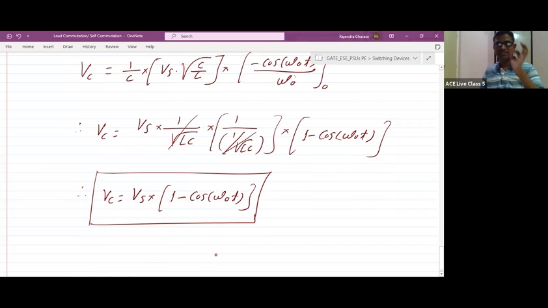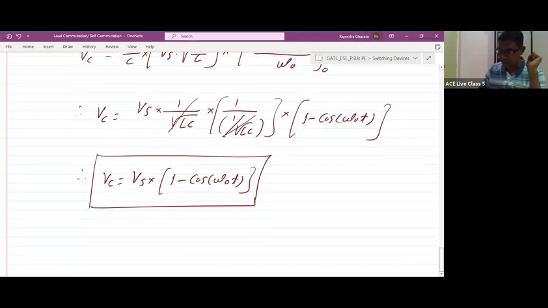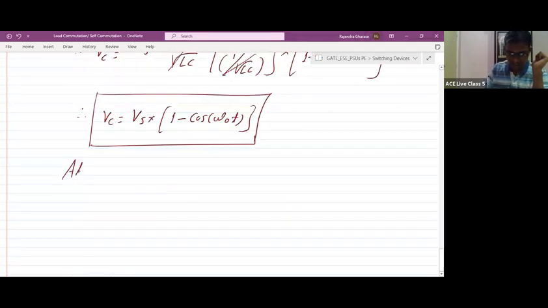We have derived the expression for the current flowing through the thyristor. Here it is the voltage across the capacitor. Now you can check: the current flowing through the thyristor becomes 0 at t is equal to pi by omega 0. What is the voltage across the capacitor at t is equal to pi by omega 0?